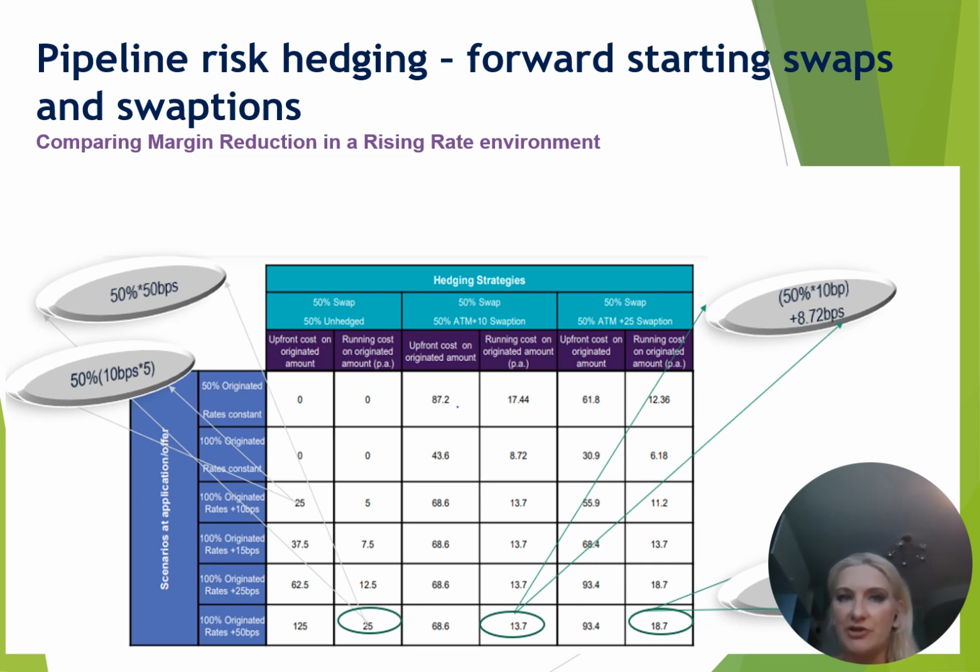If you don't hedge the pipeline, then potentially you can run a big negative P&L impact. Obviously, this is because your product at some point is not earning the required return on equity.